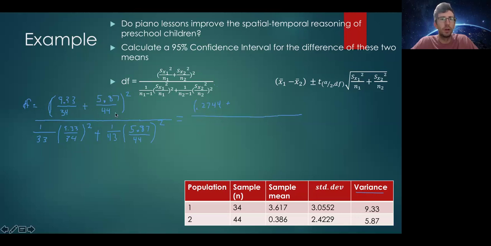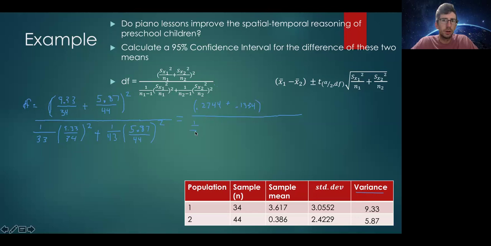Add that to 5.87 divided by 44. Let me make sure I did that right. Yep. So now let's do 5.87 divided by 44. And I get 0.1334.